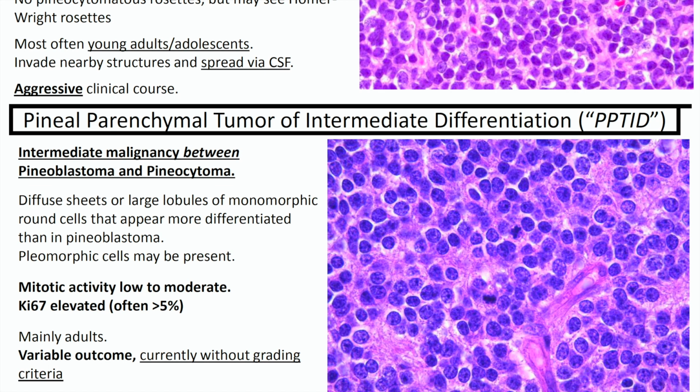The mitotic activity is low to moderate. Ki67 is a little elevated, often more than 5%, but not quite that 20% that we saw in a pineoblastoma. These are going to mainly occur in adults and with variable outcome, currently without grading criteria.